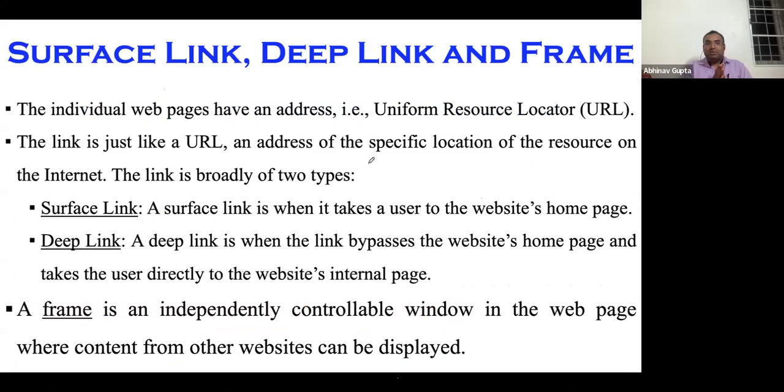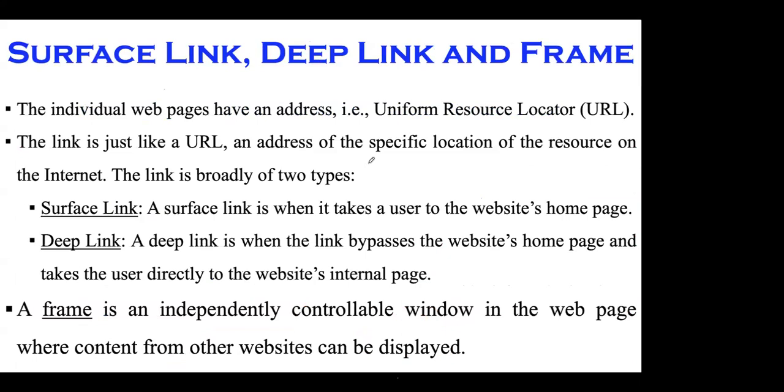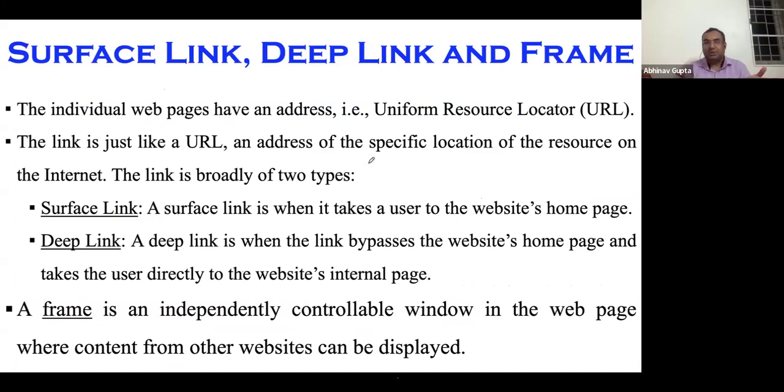Very quickly, we'll talk about surface link, deep link, and framing. URL is what? It's a link. Now, whenever you go to any website, like we have seen, when you are on the home page of the website, the URL or the link of the home page is what we understand as surface link.